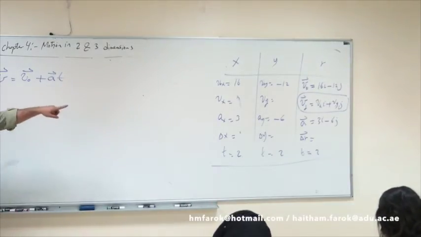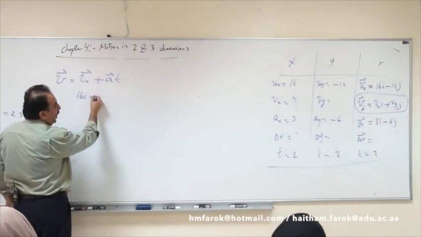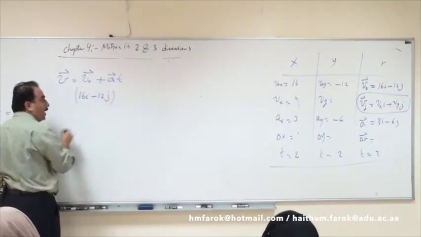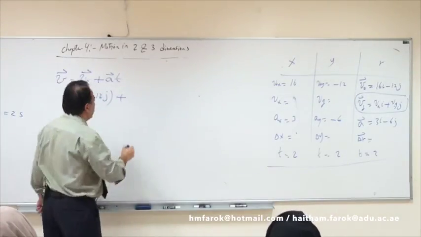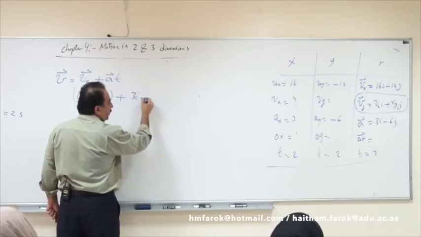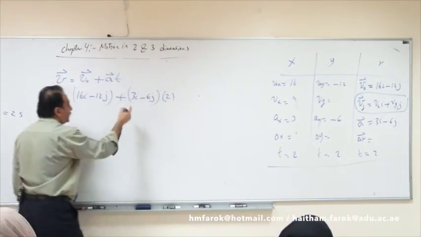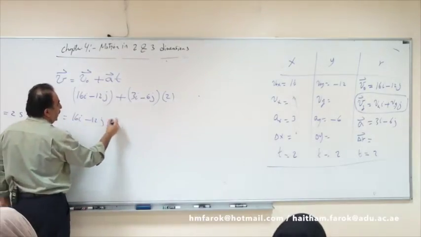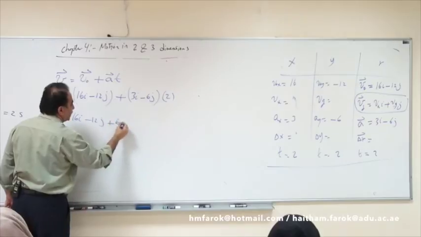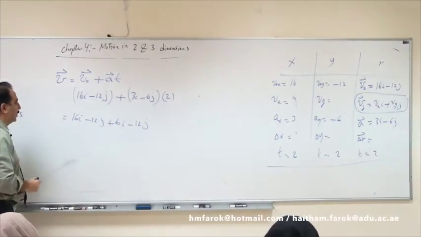Is V not known vector? 16I minus 12J plus acceleration vector 3I times time, simplify it: 16I minus 12J plus 6I minus 12J.